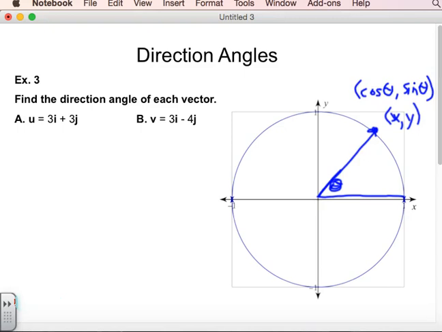So whatever that vector is, we called it v. v is going to equal the cosine of theta, because that's x, times the i vector, plus the sine of theta times the j vector. All right? Because those are x and y, right? Cosine is the x coordinate, sine is the y coordinate.